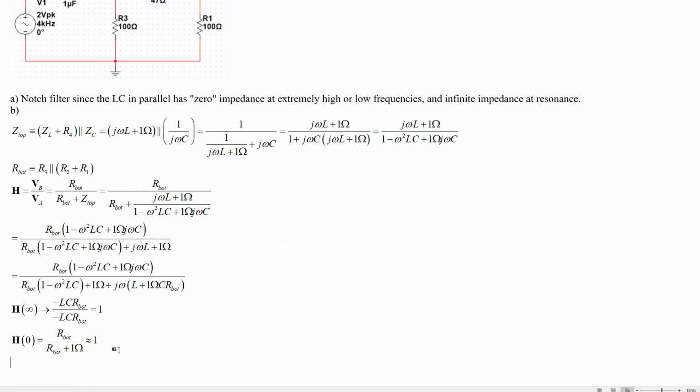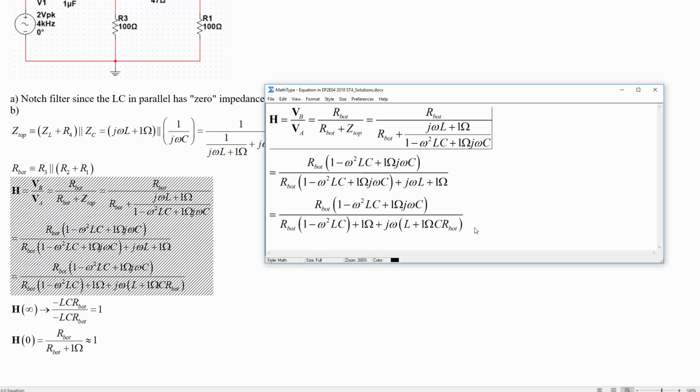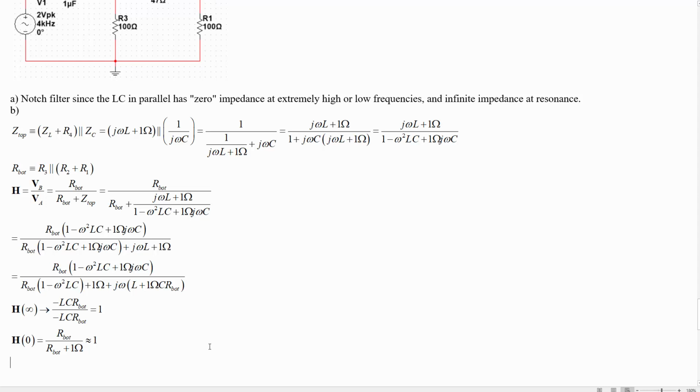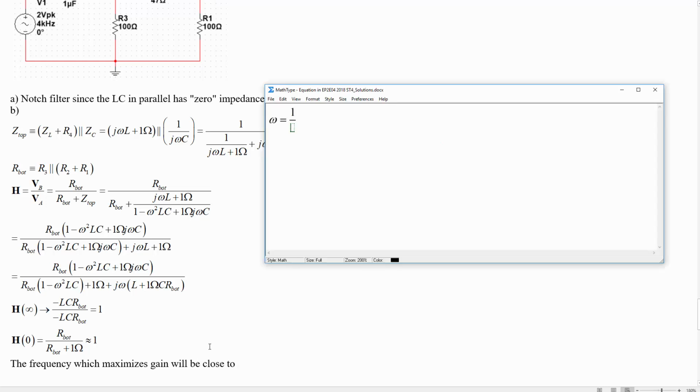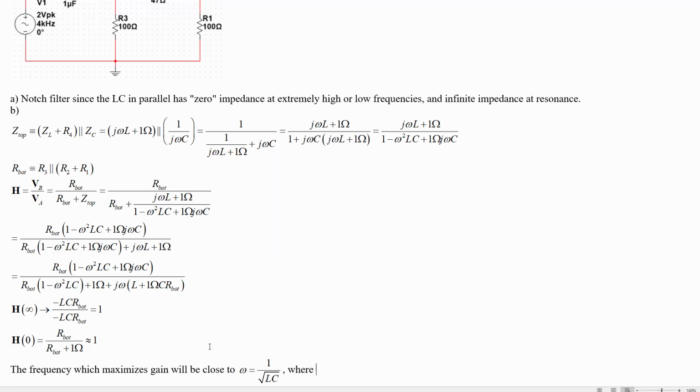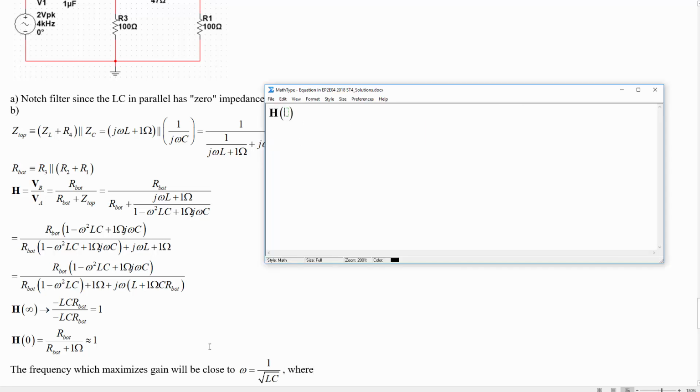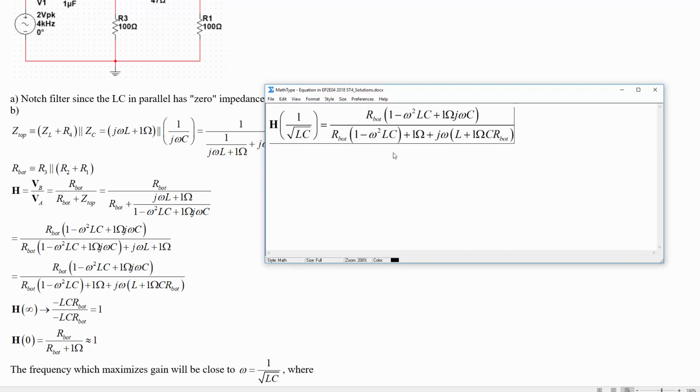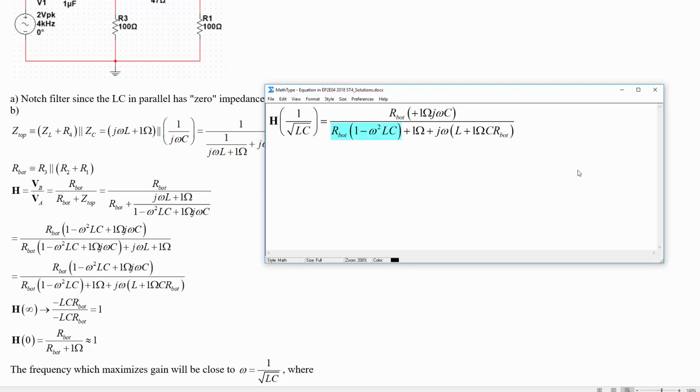Now this is hard to do perfectly because of this 1 ohm, but we can say the frequency that maximizes gain will be close to omega equals 1 over root LC, where H at 1 over root LC is the same thing, but with this term going to 0.